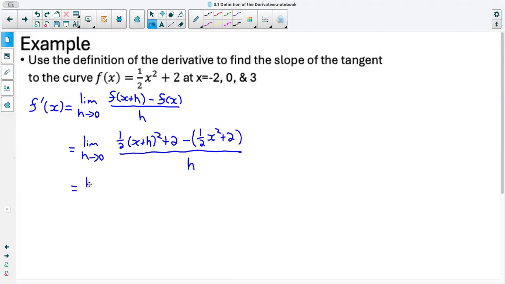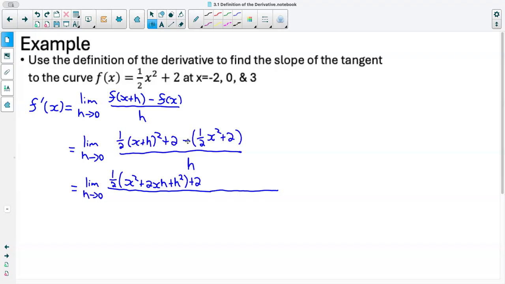Okay, so that's our limit as h goes to 0 of 1/2 times, if we expand this binomial out, x squared plus 2xh plus h squared, plus 2.